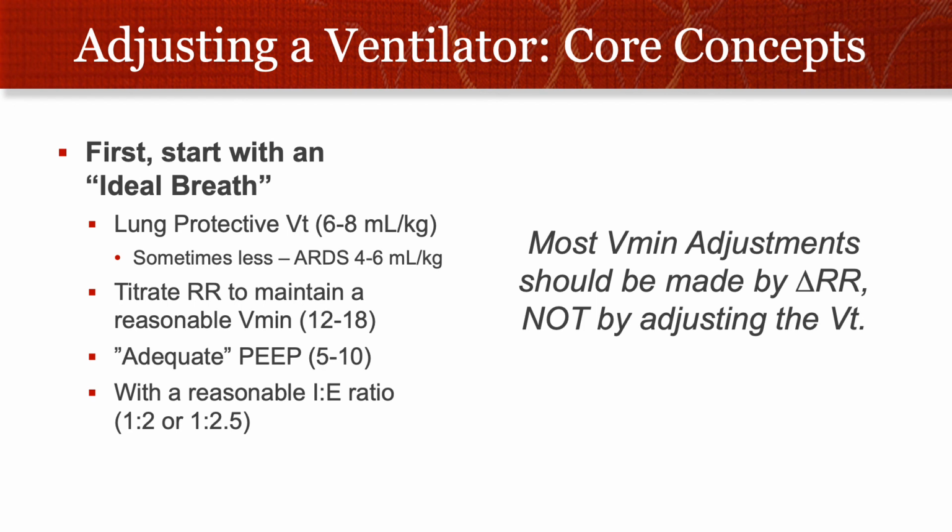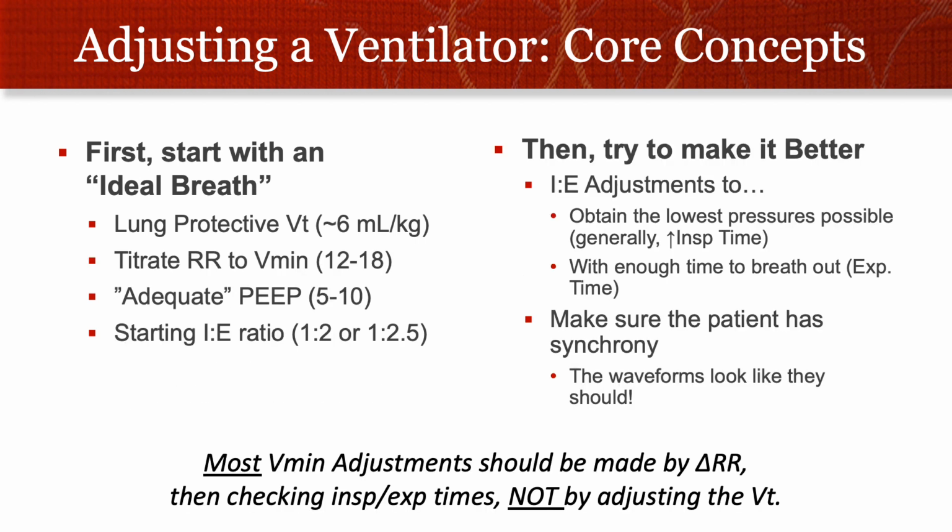And then on the opposite end, I look at the expiratory times to make sure that I'm not air trapping, that the patient has enough time to breathe out with just a tiny bit of extra time in case they start to have bronchospasm later on, so they're not going to air trap on the ventilator. And then once I've picked that ideal breath, I adjust the respiratory rate to all of the minute ventilation changes I need. I'm going to say that again.